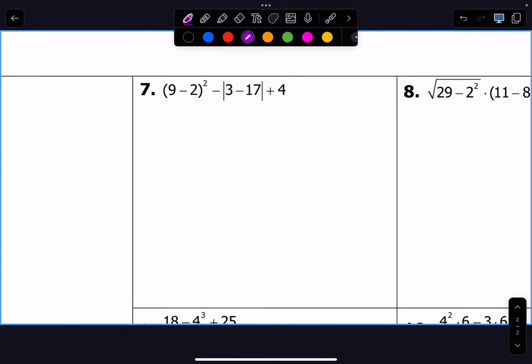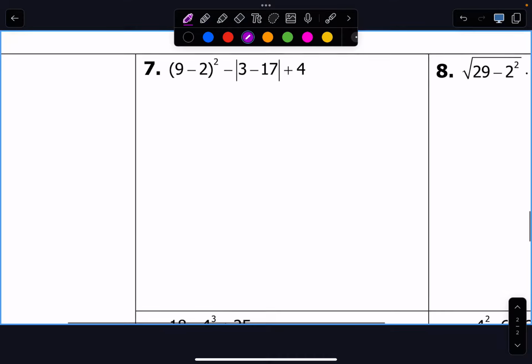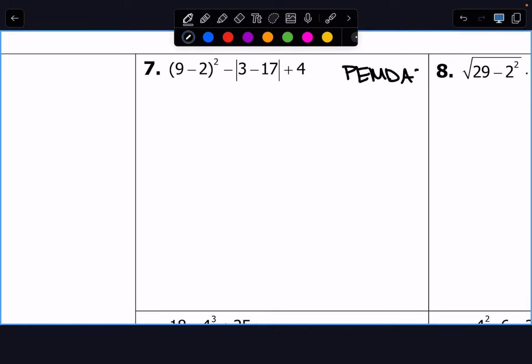Let's do this problem right here. So number 7, next page. Okay. So I'm going to write PEMDAS. Okay, do we have parentheses?